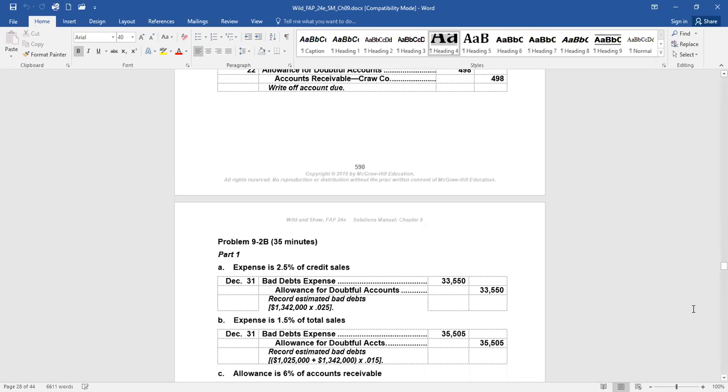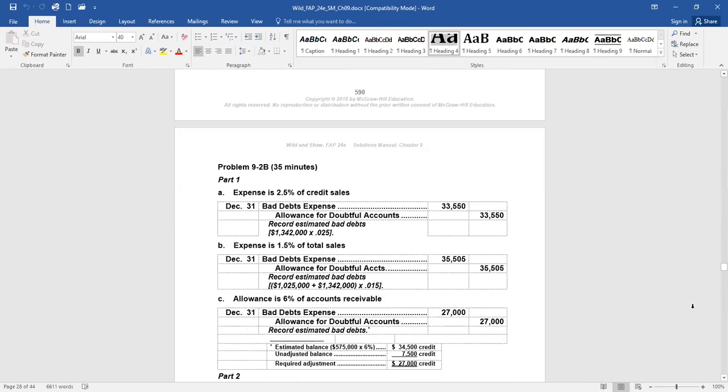So right now we have a credit balance of $7,500. We need it to be at $34,500. So we want to add an additional $27,000. So you're focused on how much do I credit that allowance for doubtful accounts? $27,000, okay? And then I'll do the opposite to bad debt expense, $27,000.